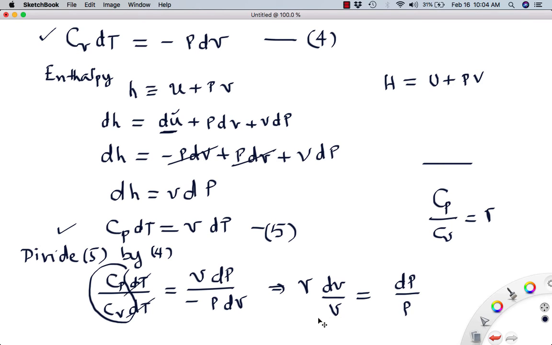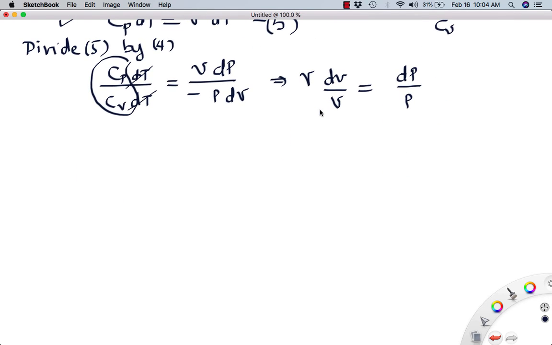By the way, we also have a negative sign here. So this gamma is constant, so we can just put it outside the integration. Let's say V goes from V1 to V2 and P goes from P1 to P2.